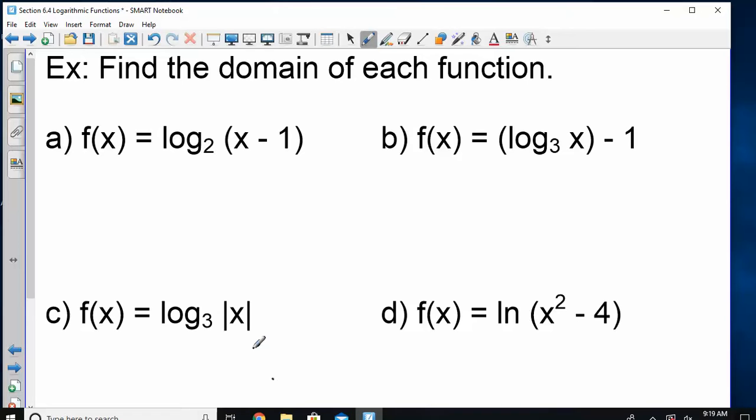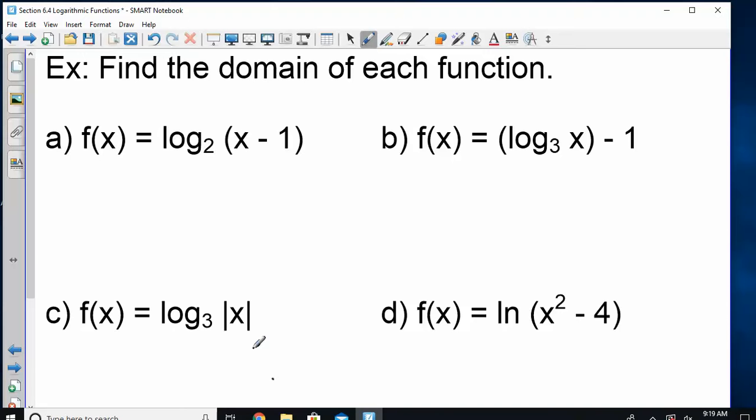We can do that a couple different ways. We know that with a log, the typical domain is 0 to infinity. So if you like transformations, you might look at that and say, okay, that's going to move it right 1, so my domain becomes 1 to infinity.